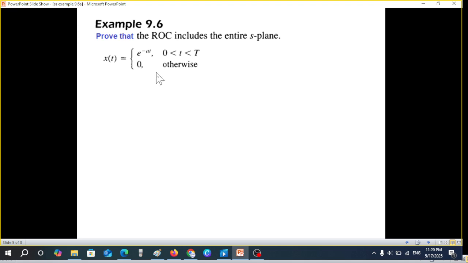This is the given signal, and we can see that the limit is from 0 to capital T. We can draw it like this. This is the decaying signal, and from 0 to capital T is the range of the signal.